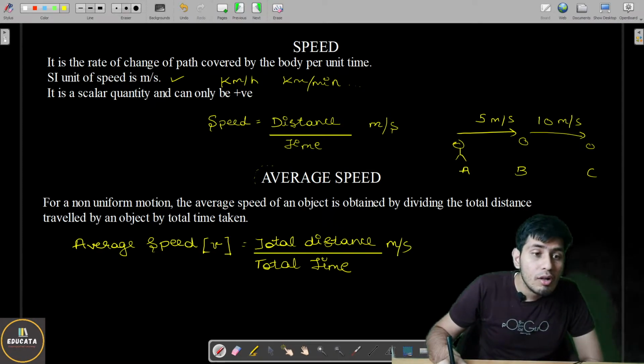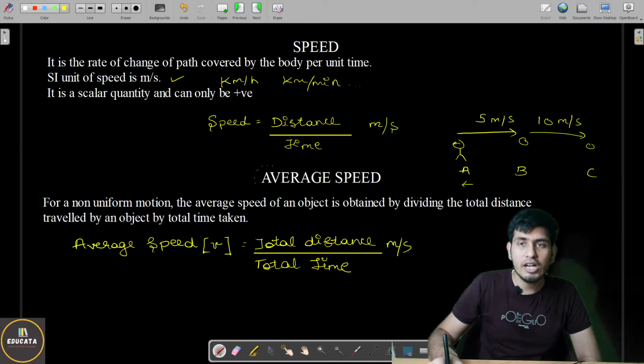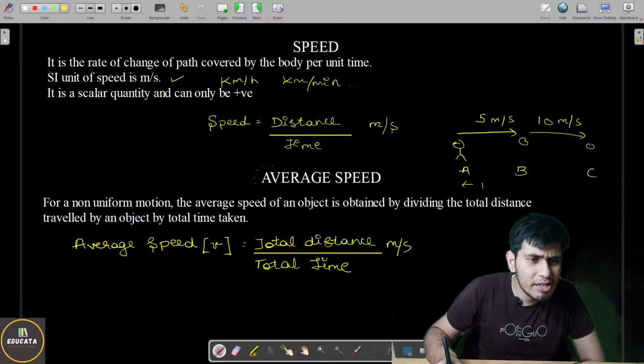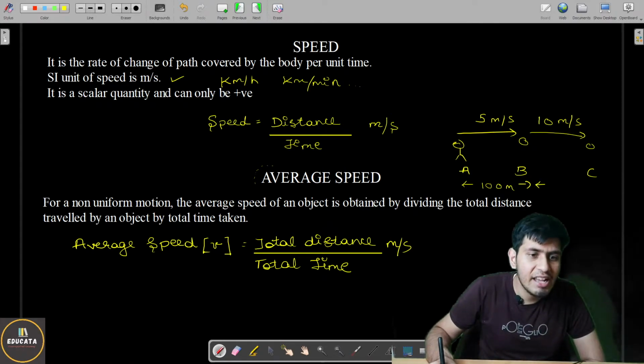Now the total distance covered from point A to B, we can consider it as 10 meters, or we can consider it as, you can consider, 100 meters. That's also a proper thing. So here it is 100 meters, and here let us consider it as 200 meters.